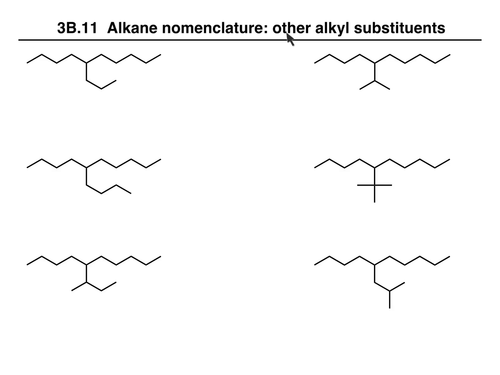We need to talk about a few more alkyl substituents. If you have a 1-carbon branch, it's a methyl group. If you have a 2-carbon branch, it is an ethyl group. But once we get to a 3-carbon branch, those 3 carbons could be branched in a line, or they could be branched with a branch. So we need ways to be able to specify these different substituents.